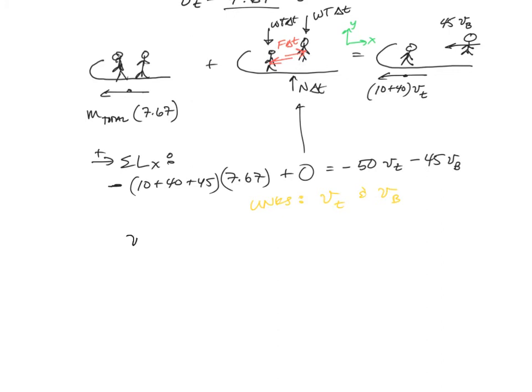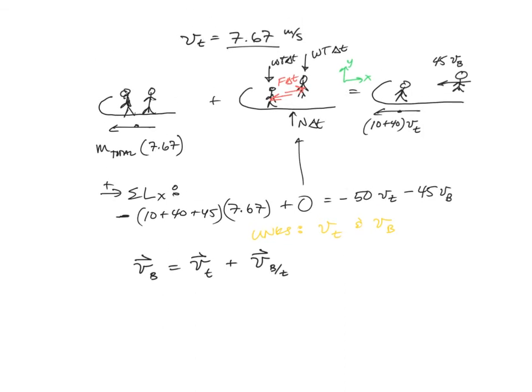So I would know that the velocity of the boy, again in vector form, is the velocity of the toboggan plus the velocity of the boy relative to the toboggan. And again, we need to use our convention. So up here, when I'm talking about the velocity of the toboggan, the velocity of the boy, those are all going in the negative x direction as I defined it.